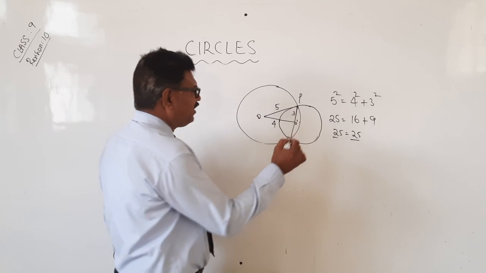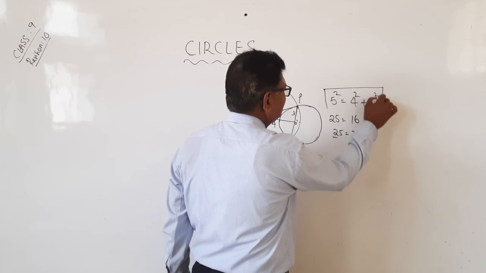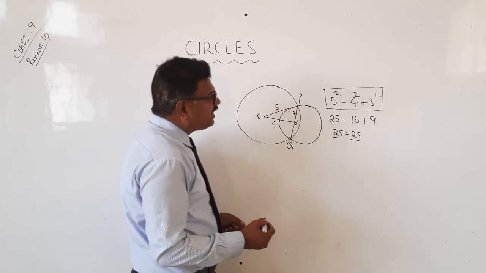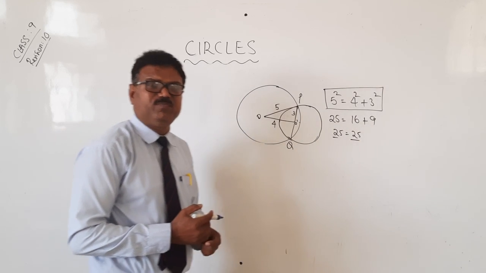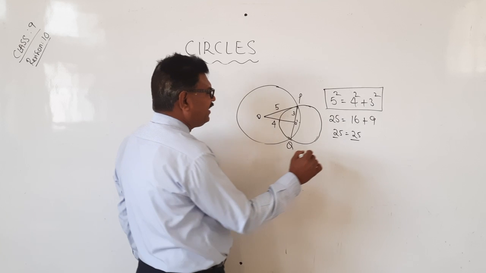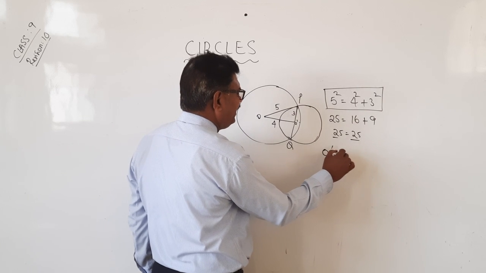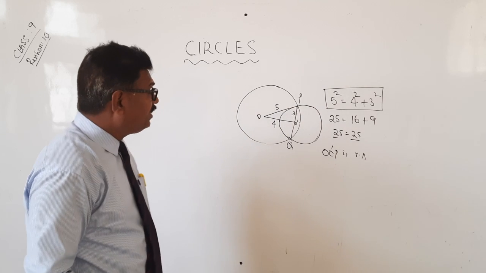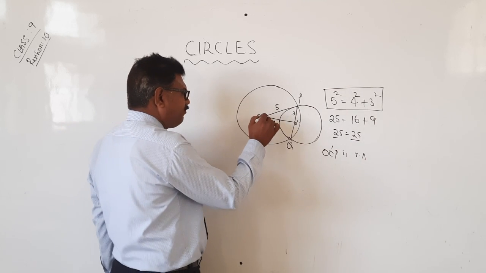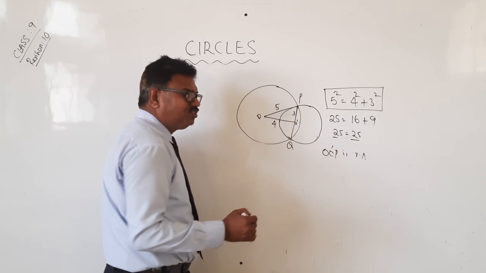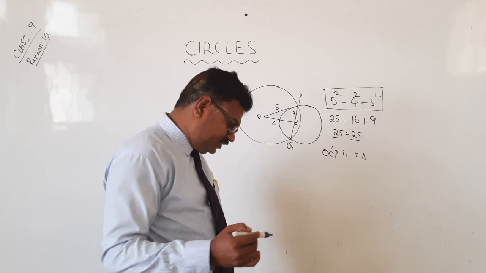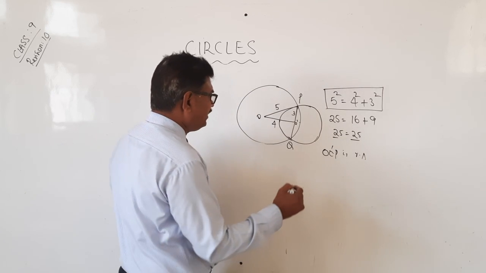So if you observe, this is nothing but the Pythagoras theorem. When will the Pythagoras theorem be applied? When the triangle is a right angle triangle, then only it is possible. So it means that O dash P is a right angle triangle. Then we know that if a perpendicular is drawn to the chord, then the perpendicular will divide the chord into two equal parts.